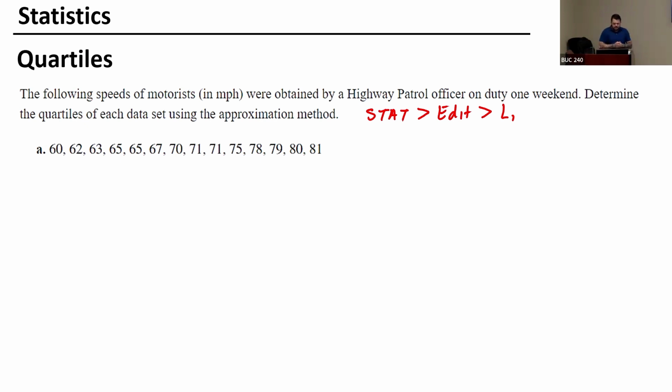So does somebody have a mean for me? 70.5. Very good. Now, what type of standard deviation would I be looking for? Would I be looking at the sigma or the S on my calculator? Sigma, exactly. So what's my sigma? 6.87. Very good. So we could reasonably say that you have a mean here, right? And if you went 6.87 plus or minus, how much of your data fits in between there?